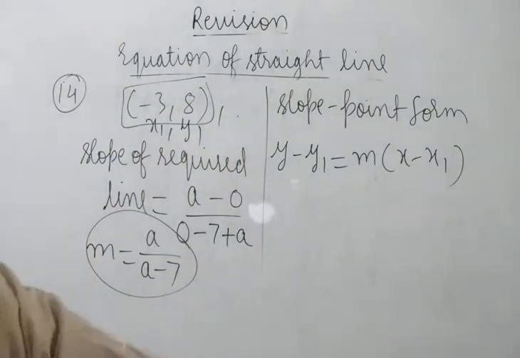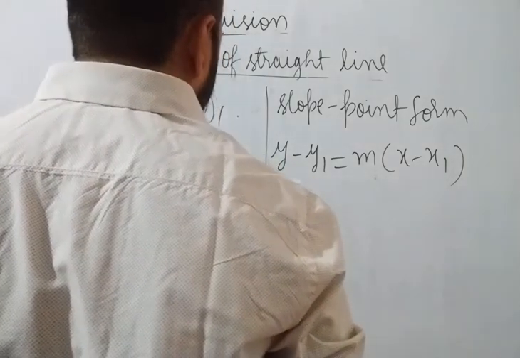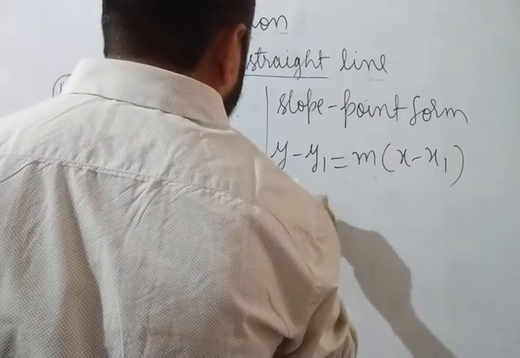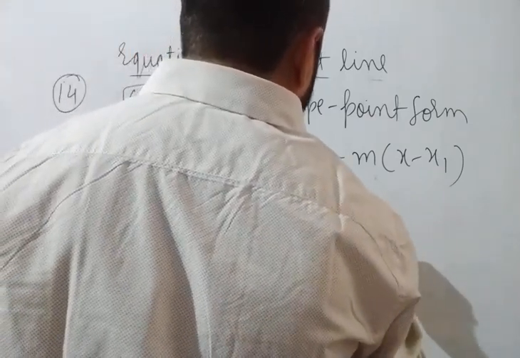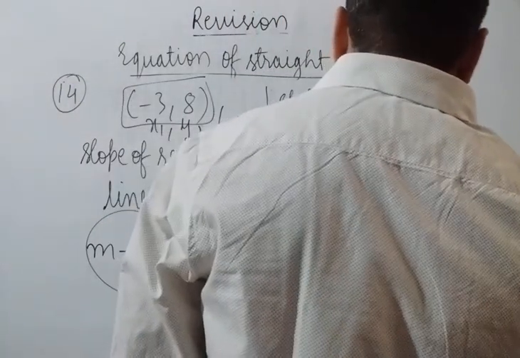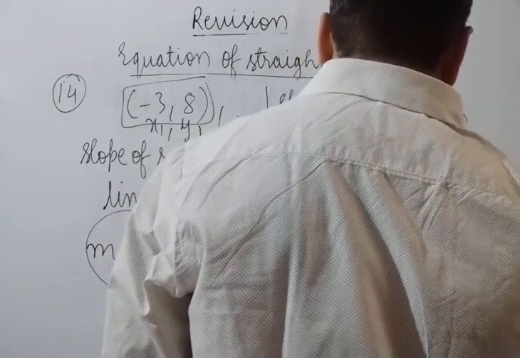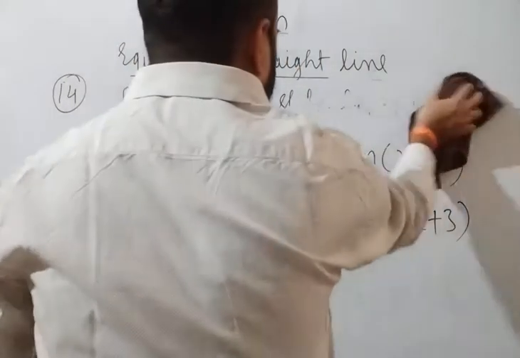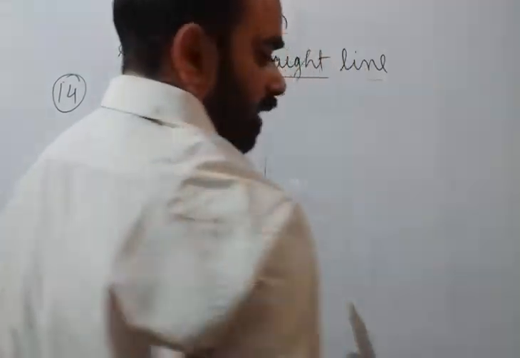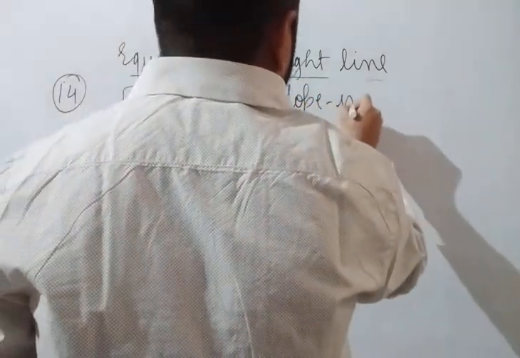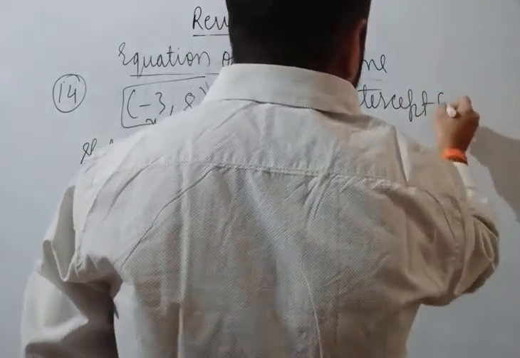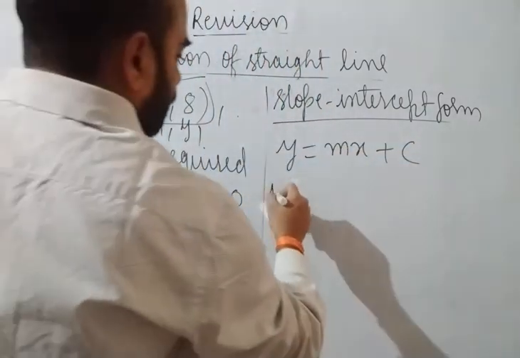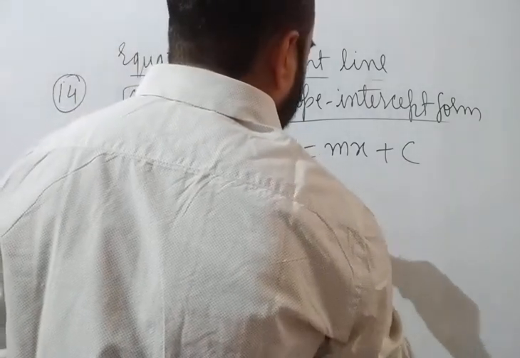Substitute the values: y minus 8 is equal to a upon a minus 7 times (x plus 3). But it is better to use the slope intercept form. Why? Since we already know the intercept. So y equals mx plus c, where m is a upon a minus 7, so y is a upon a minus 7 into x plus c.